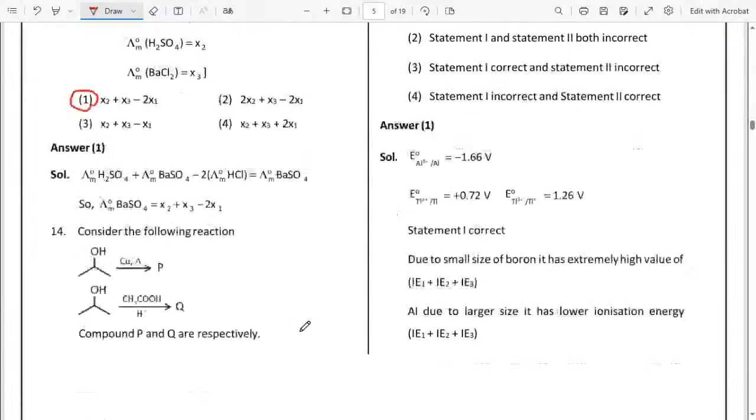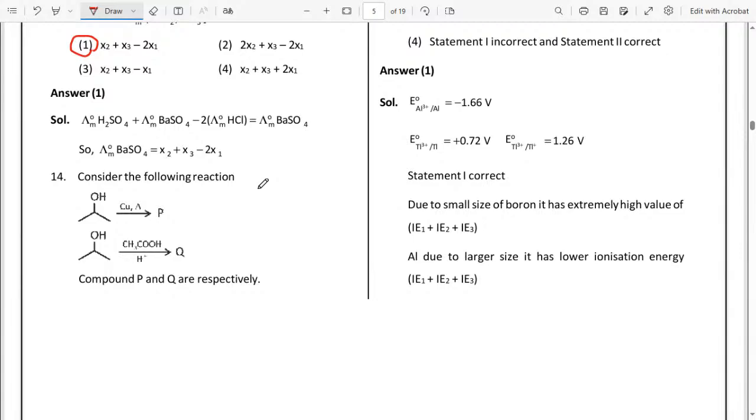Next, consider the following reaction. Alcohol upon reaction with copper gives ketone. Oxidation will take place. So this alcohol is isopropyl alcohol, students. Alcohol upon reaction with acetic acid in the presence of H plus undergoes esterification. This is nothing but this O, and this minus water, CO, and this is a methyl group.